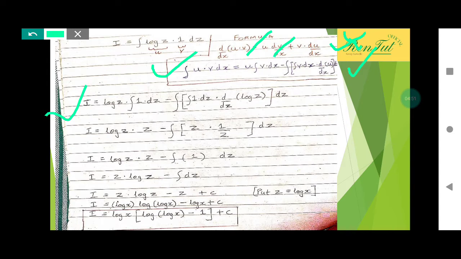Our main equation has been transformed to, you can see, log z is u, integration of 1 into dz, that is this part.